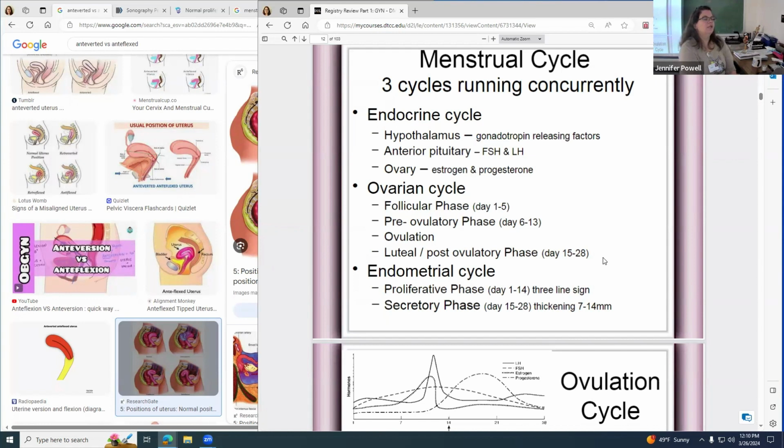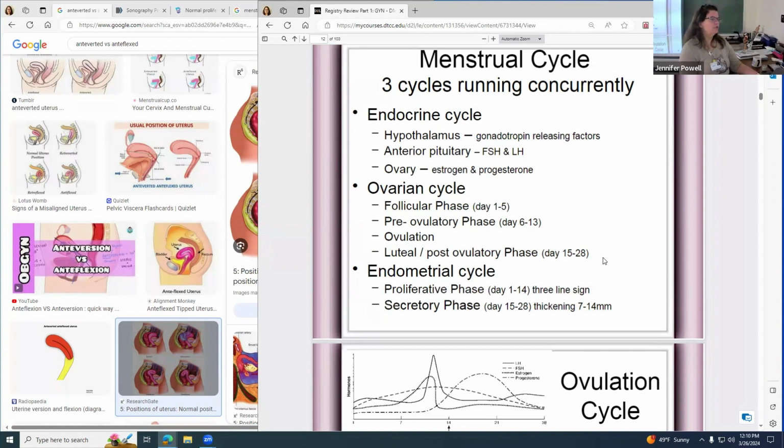This is based on a 28-day cycle, but not everybody has 28-day cycles. Anyway, post-ovulation, days 15 through 28 is luteal or post-ovulatory phase.